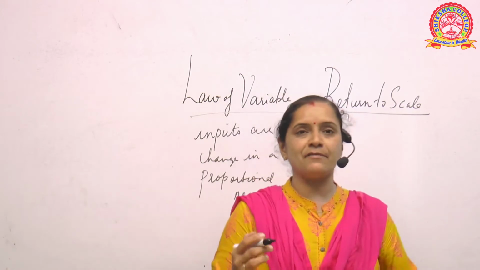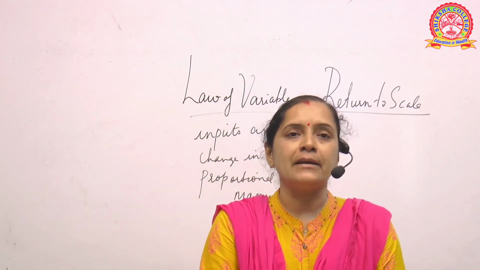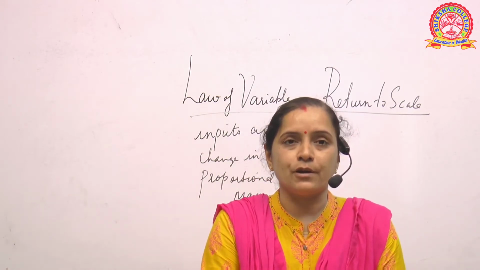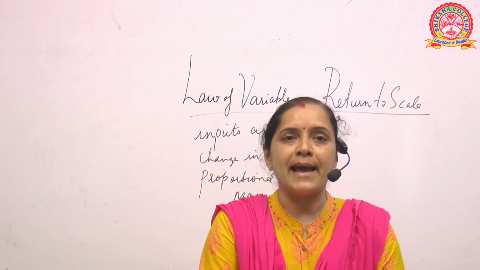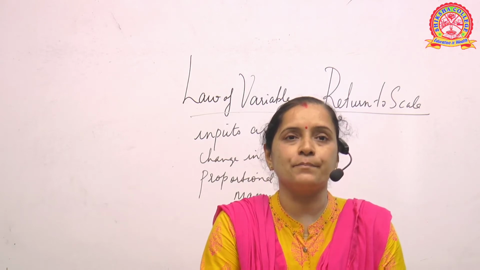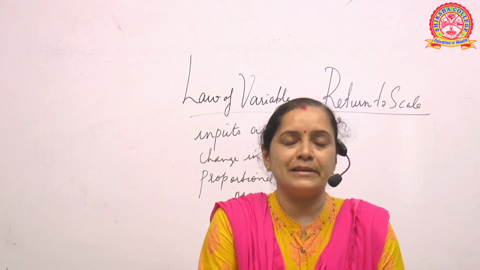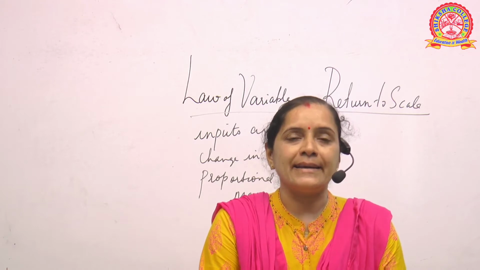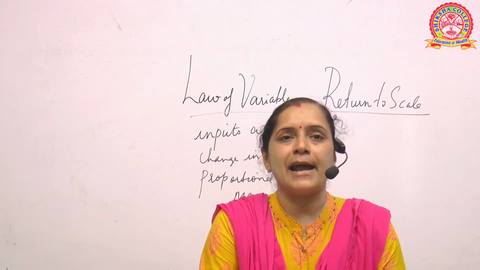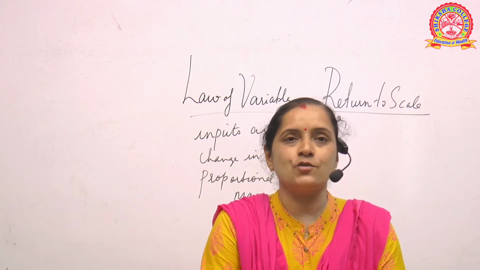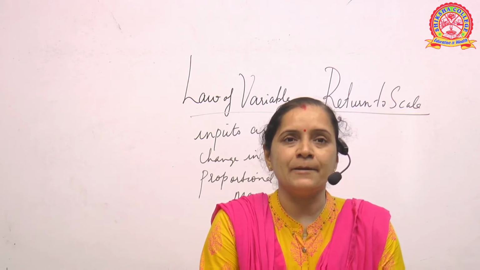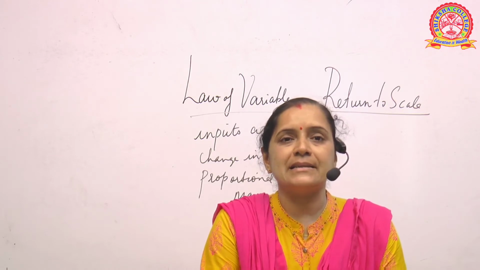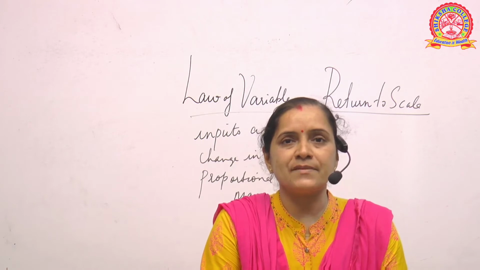Last class I gave you some examples and told you that if you want the best output, or 100% output, then you can enhance your input. How can you enhance your input? Suppose we are talking about cultivation of land: you can enhance the fertility of that particular land, use fertilizers, use more labor, use technology, and invest some more money so that the output will be excellent or the best. So these things we have discussed.